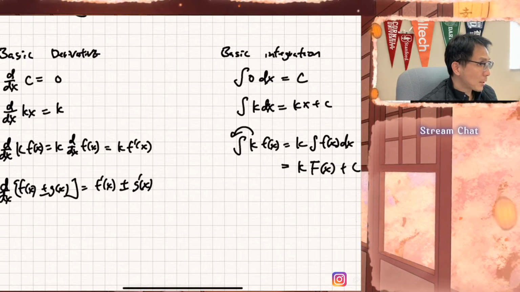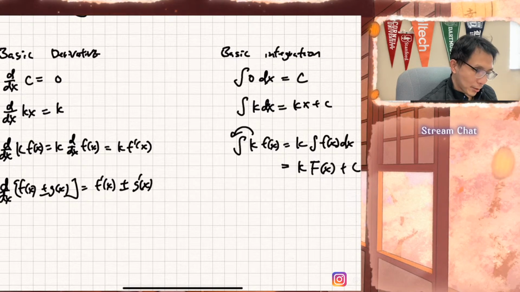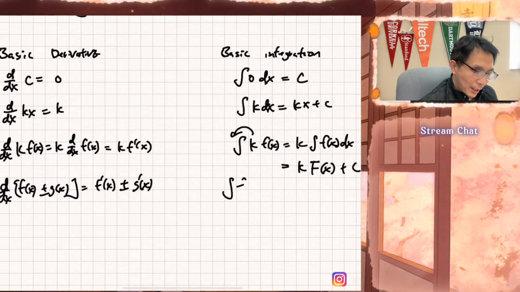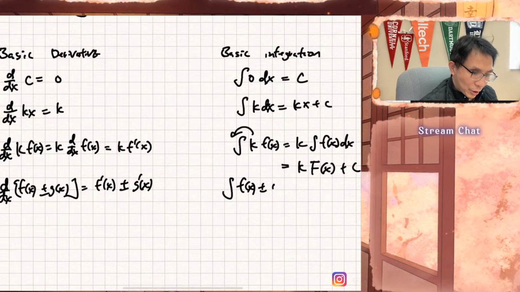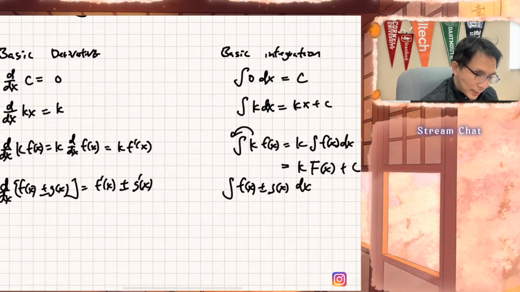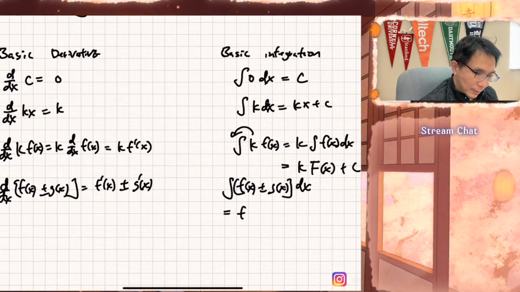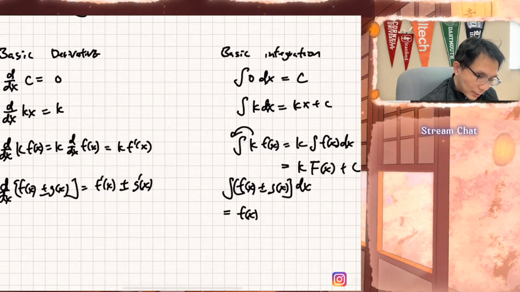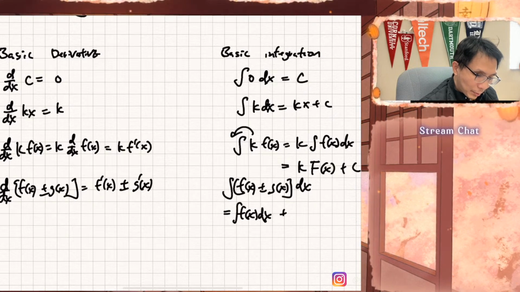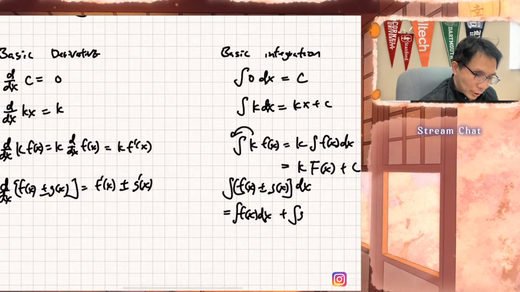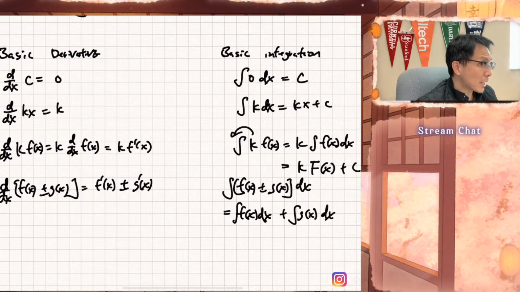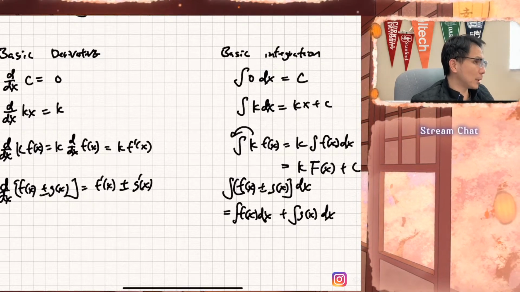Now the problem is, this only works with addition and subtraction. So the integration of f of x plus or minus g of x dx equals the integration of f of x dx plus or minus the integration of g of x dx. So the integral can split into two different things.